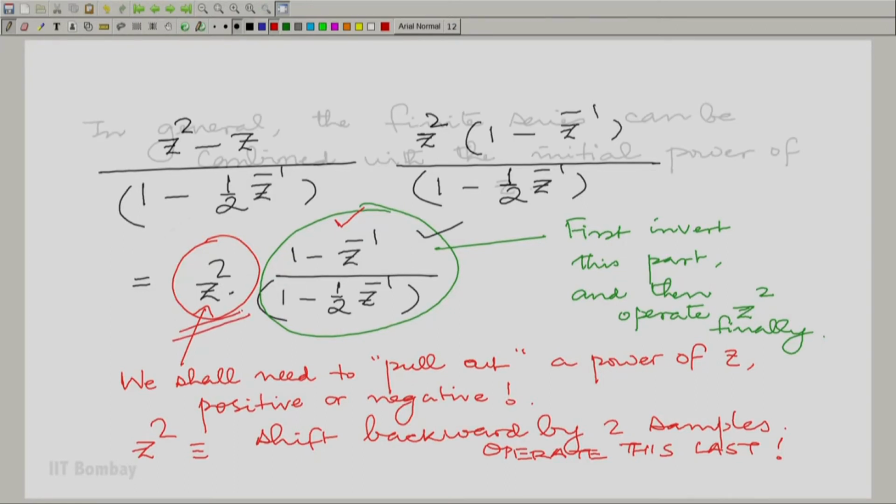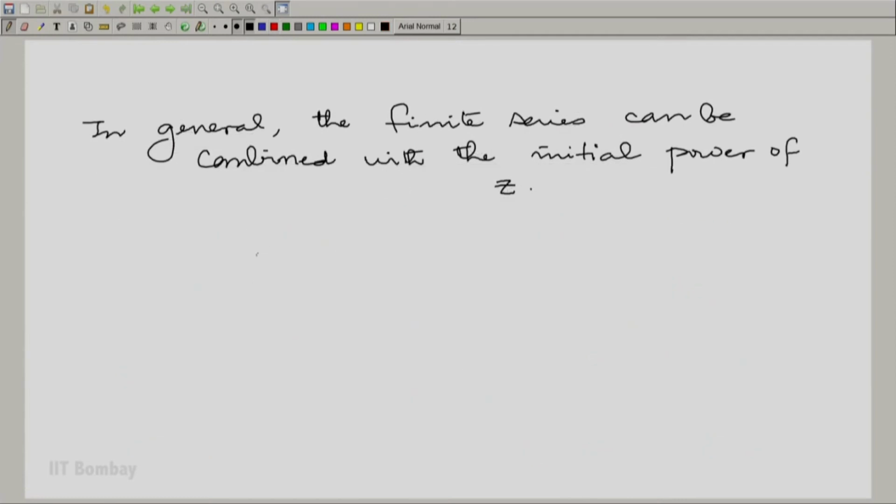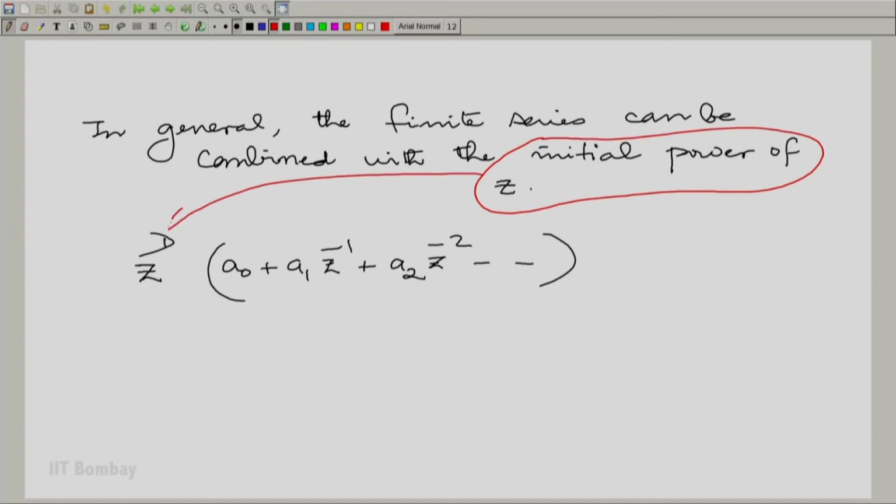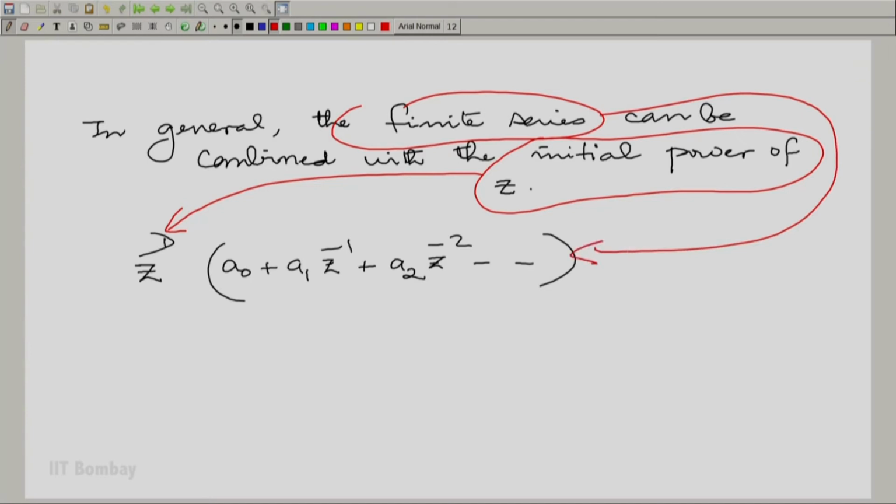So, in general, suppose you have a finite series that looks like this, say a0 plus a1 z inverse plus and so on, and then you had an initial factor of z to the power d. Then you can combine them.